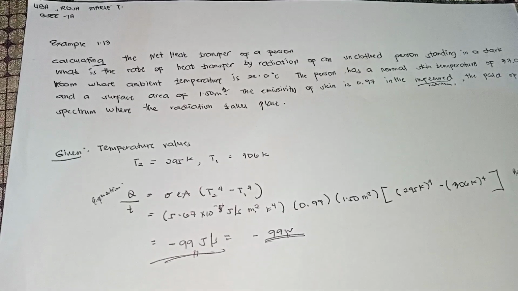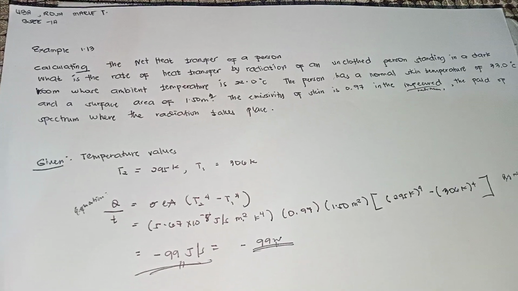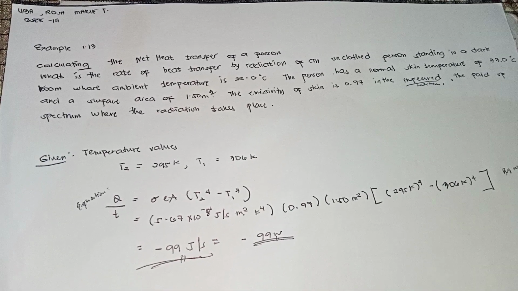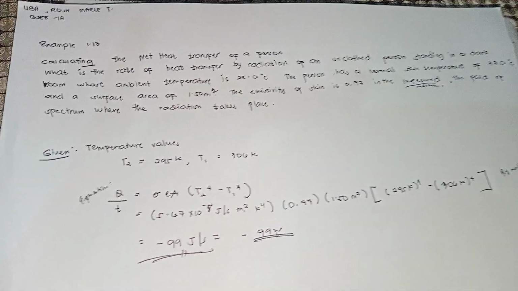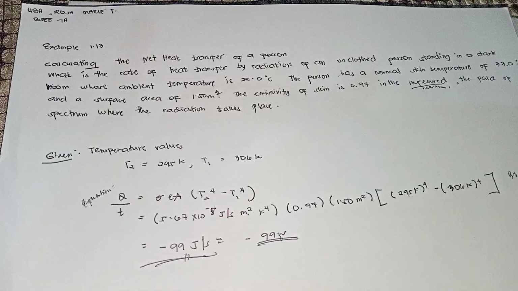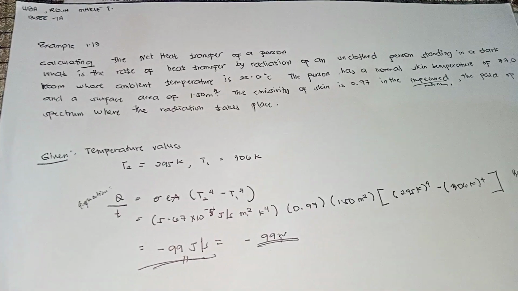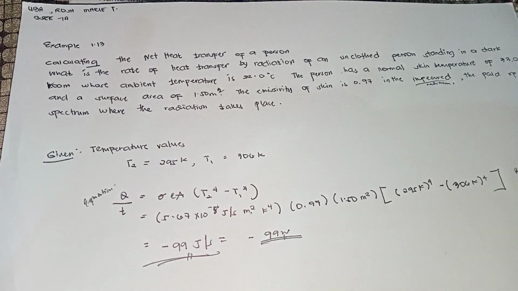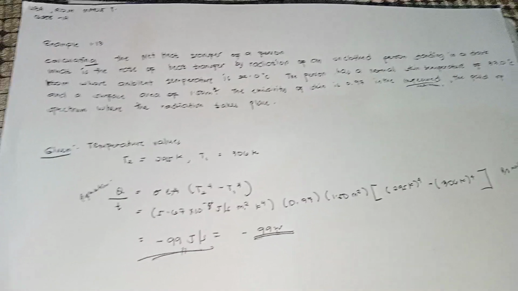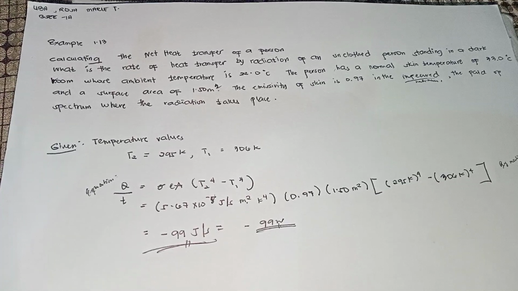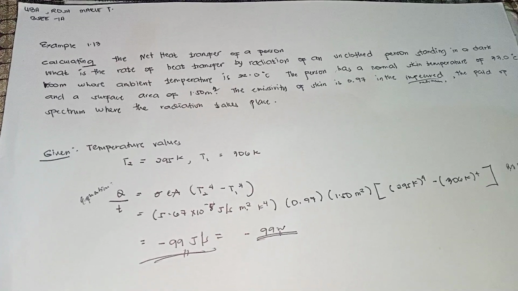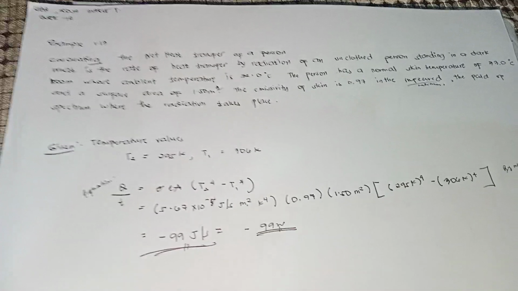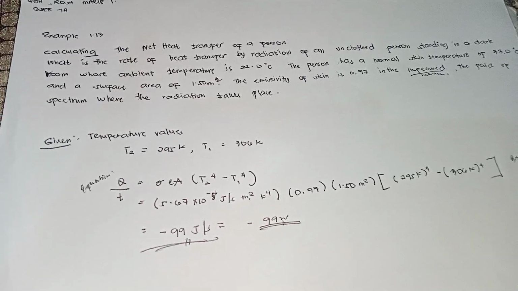The person has a normal skin temperature of 33.0 degrees Celsius and a surface area of 1.50 meters squared. The emissivity of skin is 0.97 in the infrared, the part of the spectrum where the radiation takes place. When we say infrared, that is radiation.